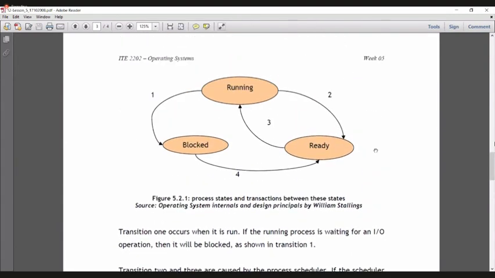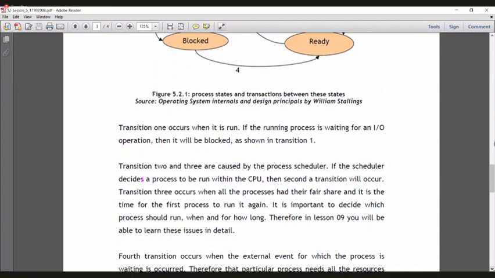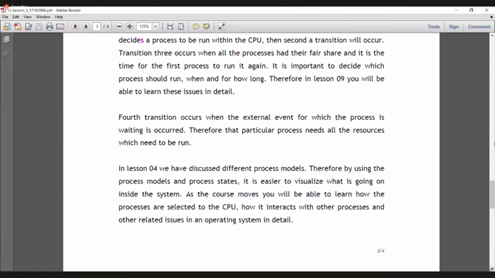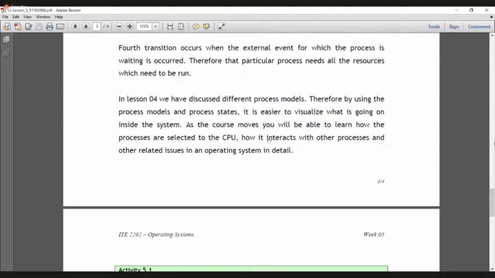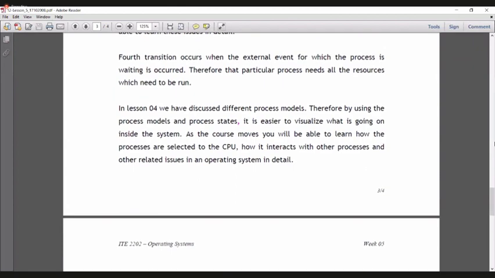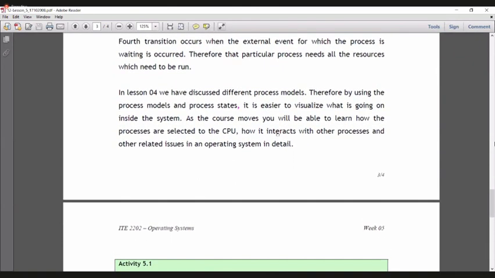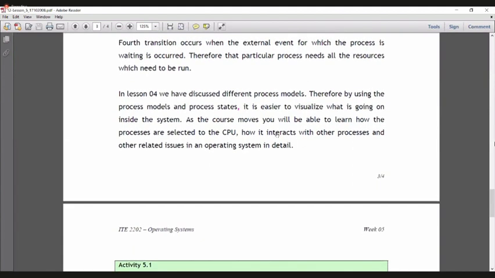It is only a program. But to illustrate this concept, we use such diagrams because for us it's easy to visualize and understand. As the course moves on, you will learn how processes are selected for the CPU, how they interact with other processes, and other related issues in an operating system in detail.